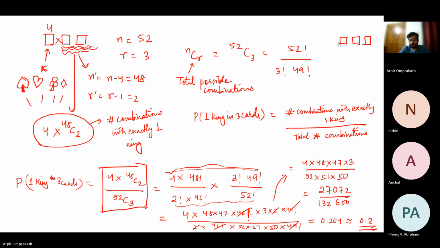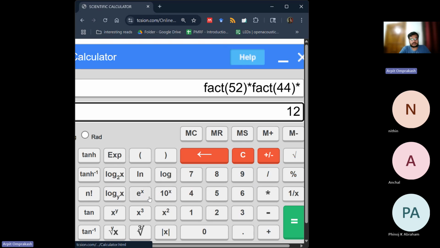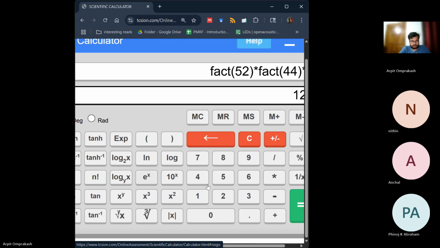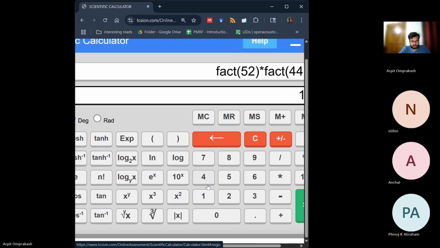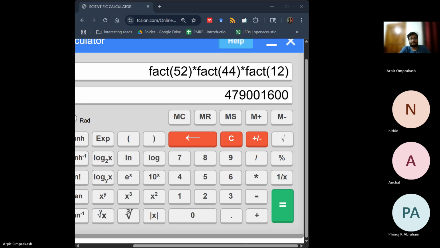For example, if I share my screen here, you can see that you can make up things like this. So into 12 factorial. Right, so these calculations, you can make quicker if you use a calculator directly instead of simplifying.